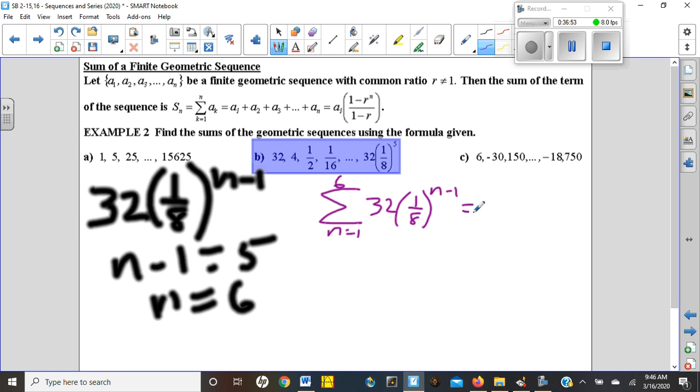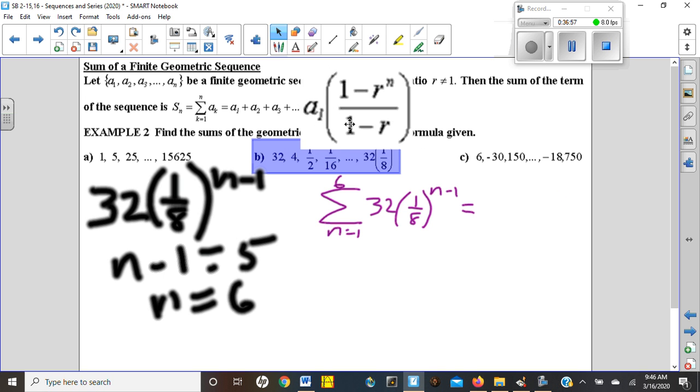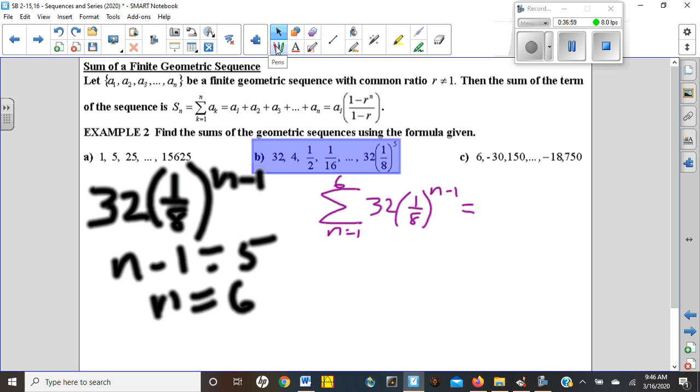And that's going to be equal to, as our formula tells us, the first term, which is 32, multiplied by 1 minus the common ratio, 1/8, raised to the nth power. So that's why we need that 6 right there, right?